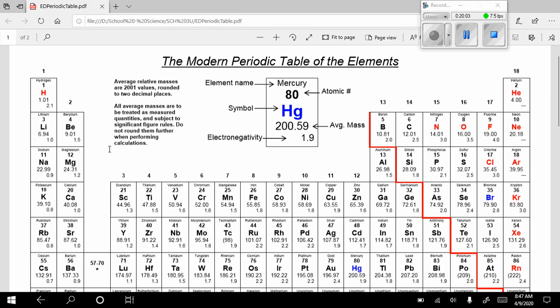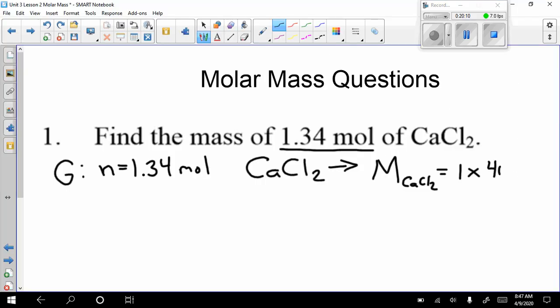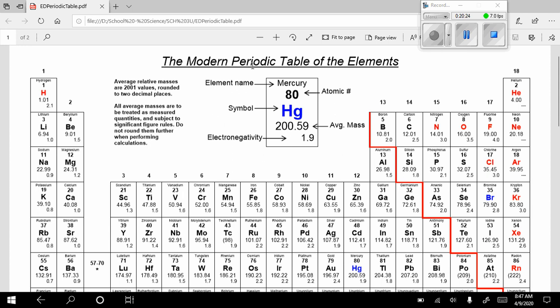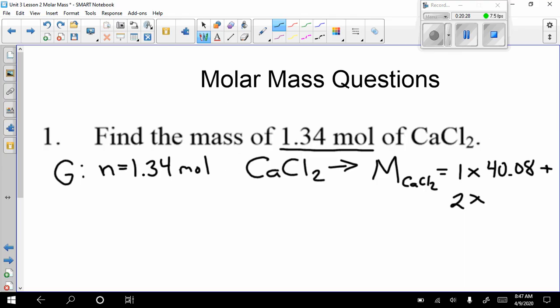My periodic table for calcium, it's 40.08. 1 times 40.08, I got that number from the periodic table, plus there are 2 chlorines there, so 2 times, go to my periodic table, and it's 35.45, 2 times 35.45, and then I add those 2 up.